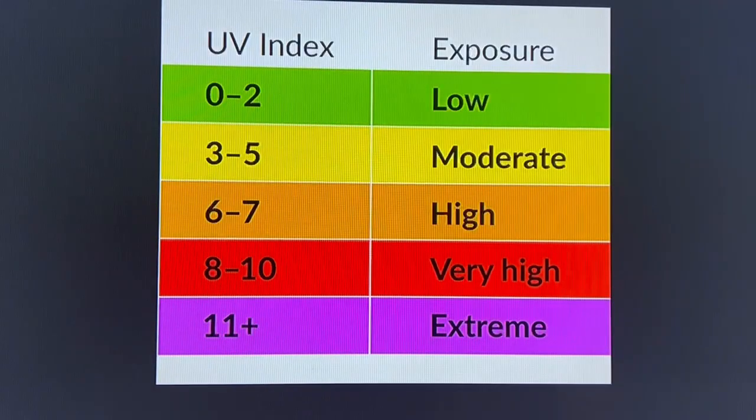Now, our UV index starts at 0 to 2, which is low, 3 to 5, moderate, 6 to 7, high, 8 to 10, very high, and 11 plus is extreme.